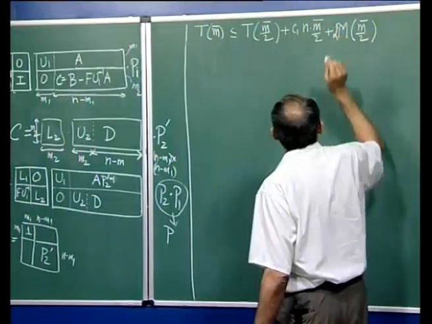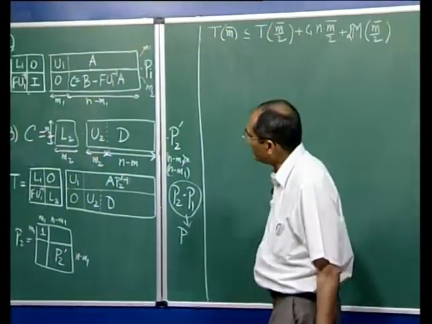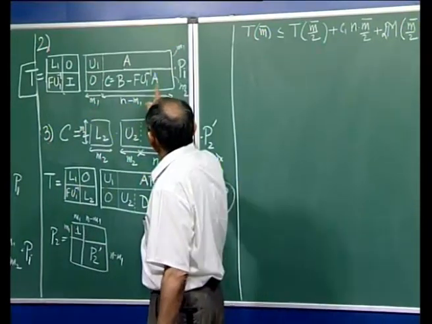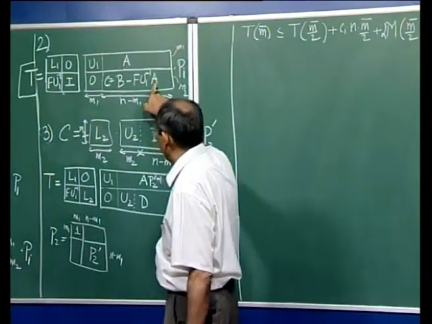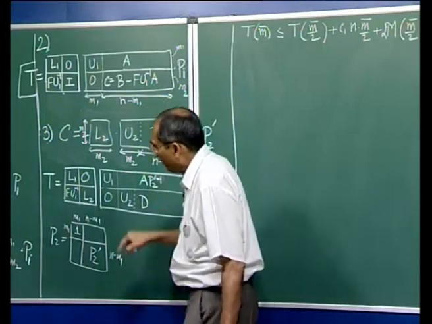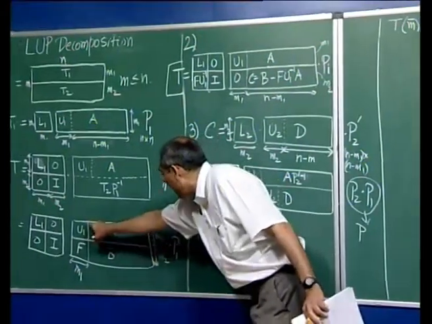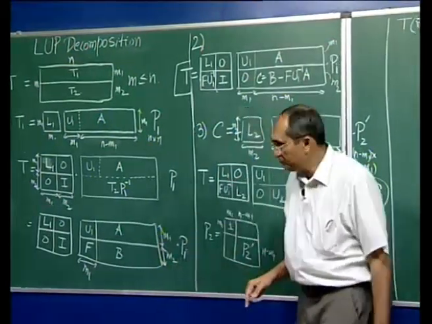So, we can put 2 here, and then we are multiplying this to a larger matrix in general. A is M by 2 by N minus M by 2.